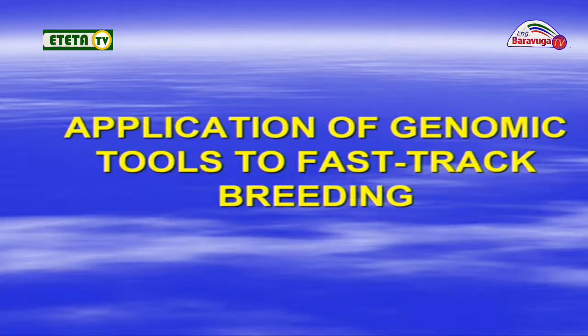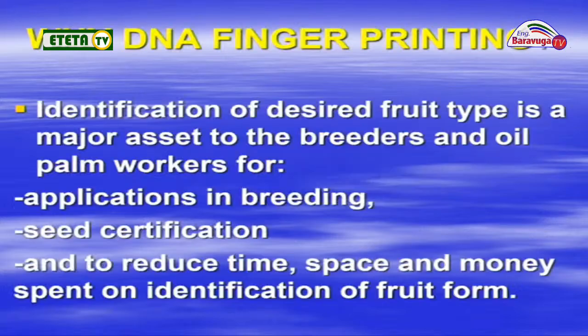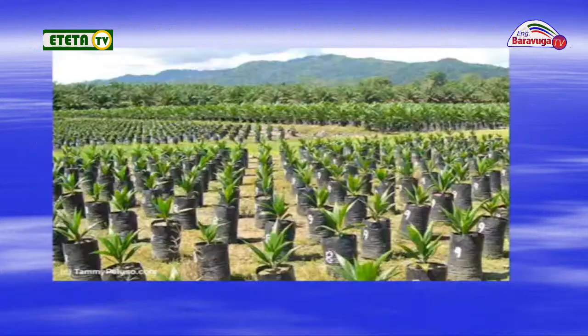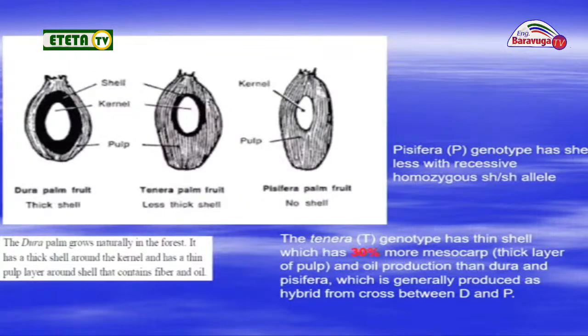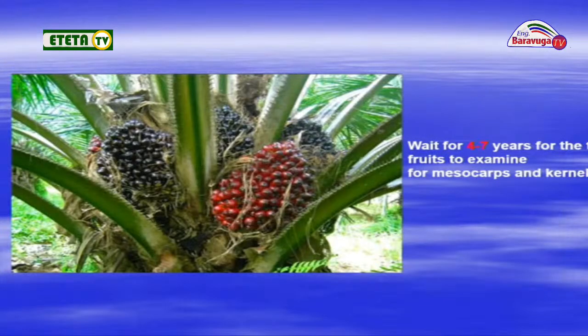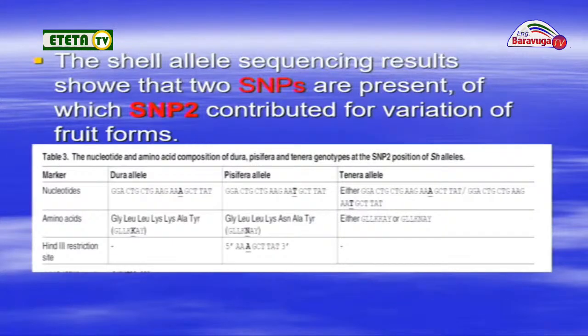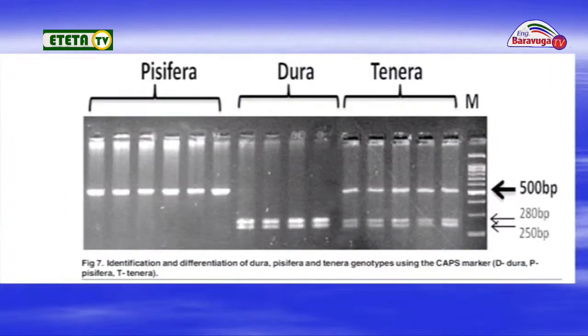These technologies, we have also used to fast-track breeding, to identify genes, to distinguish hybrids in oil palm, michikichi, using this technology instead of conventional or manual technology, because it will tell you clearly which is the hybrid and which are not the hybrid.